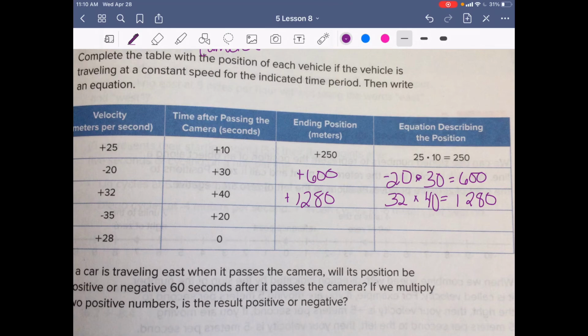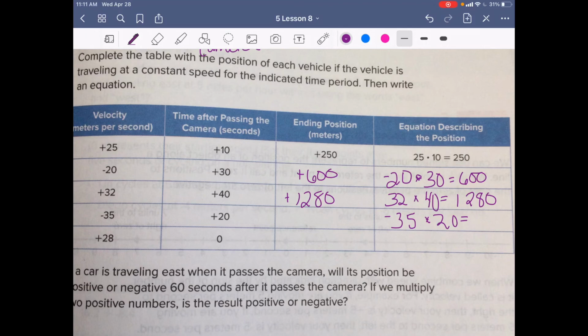Let's look at the next one. We have negative 35 meters per second for 20 seconds. So negative 35 times 20. And this is a negative times a positive, so the answer is going to be negative. So negative 35 times 20.